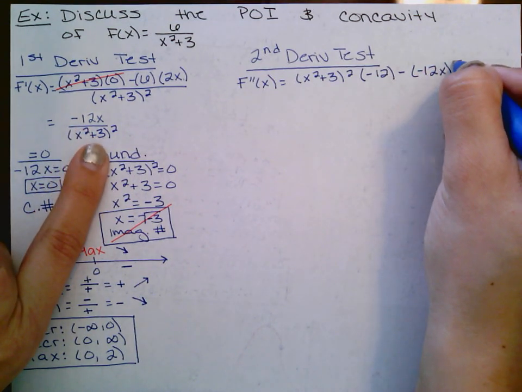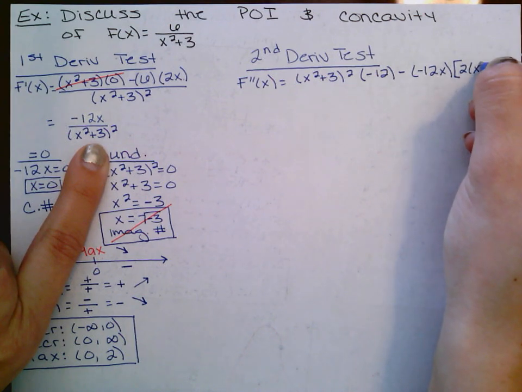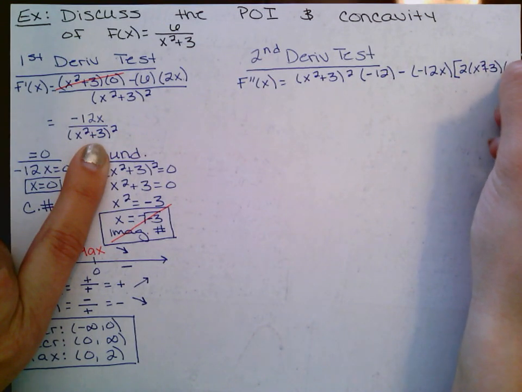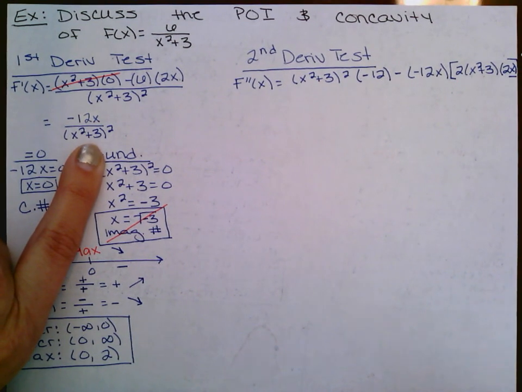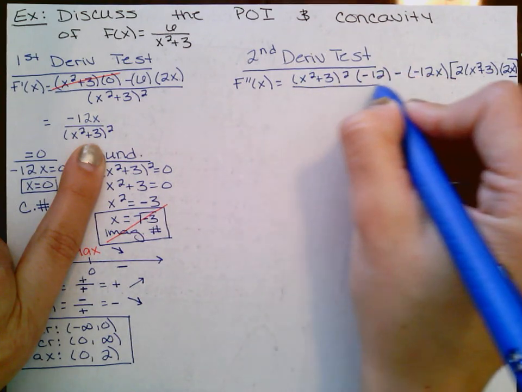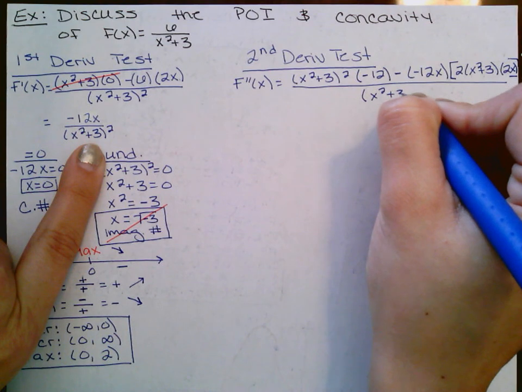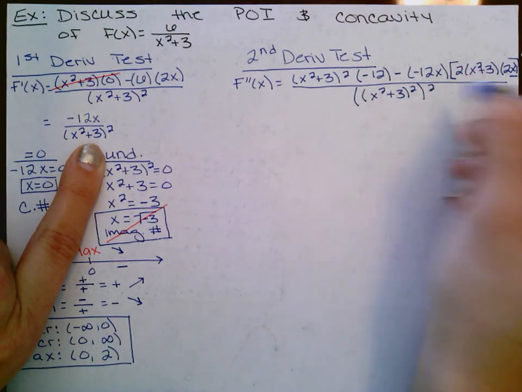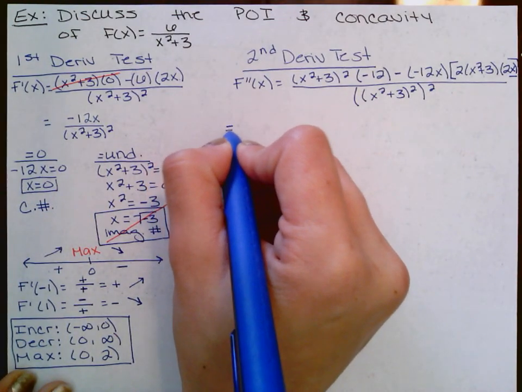D low is a chain rule, so be careful: derivative of the outside, rewrite the inside, times the derivative of the inside, all over low, that's my low, and I need to square that. All right, this might take a minute to clean.